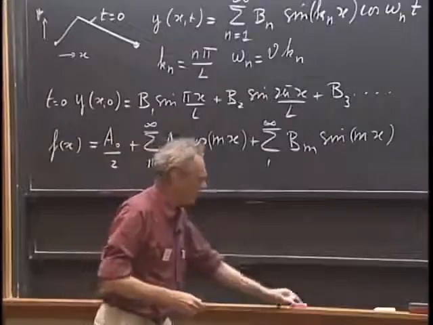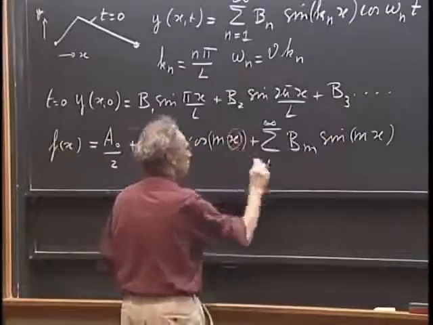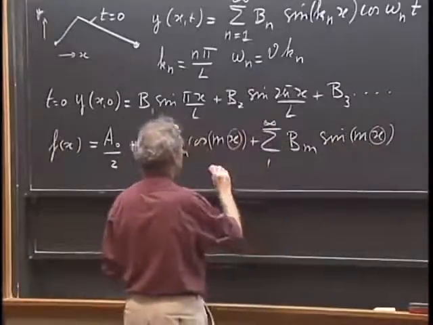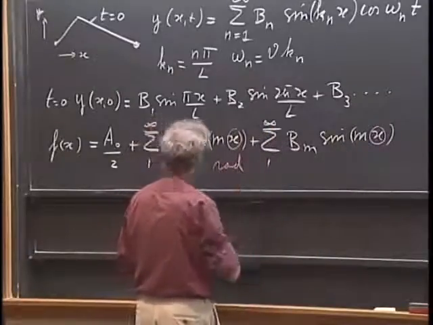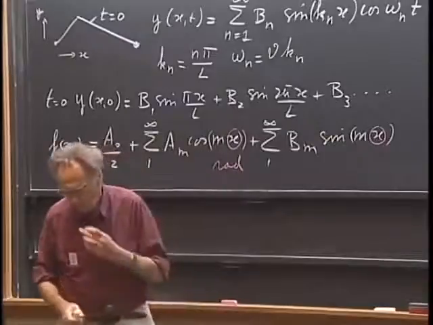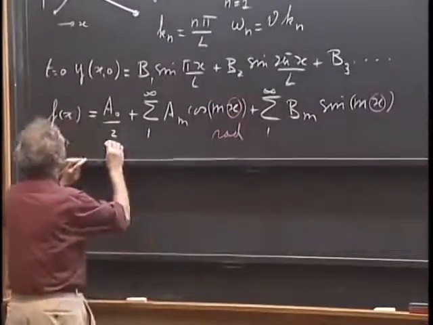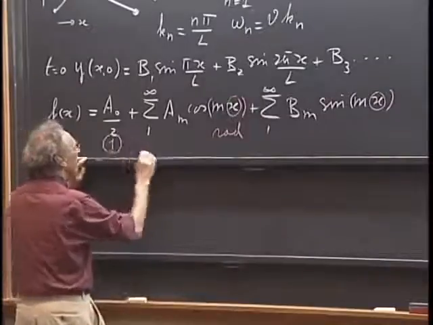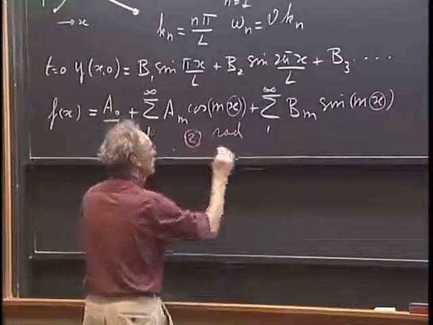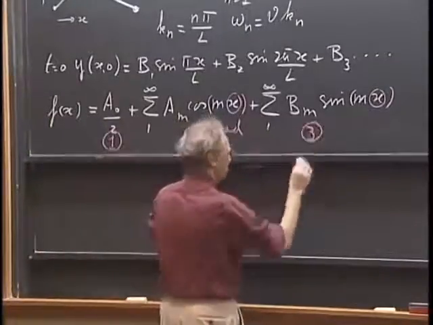And this x that you see here, it's also called x in Becker and Barrett, is in radians. I will call this first term 1, I will call this one 2, and I will call this one 3.